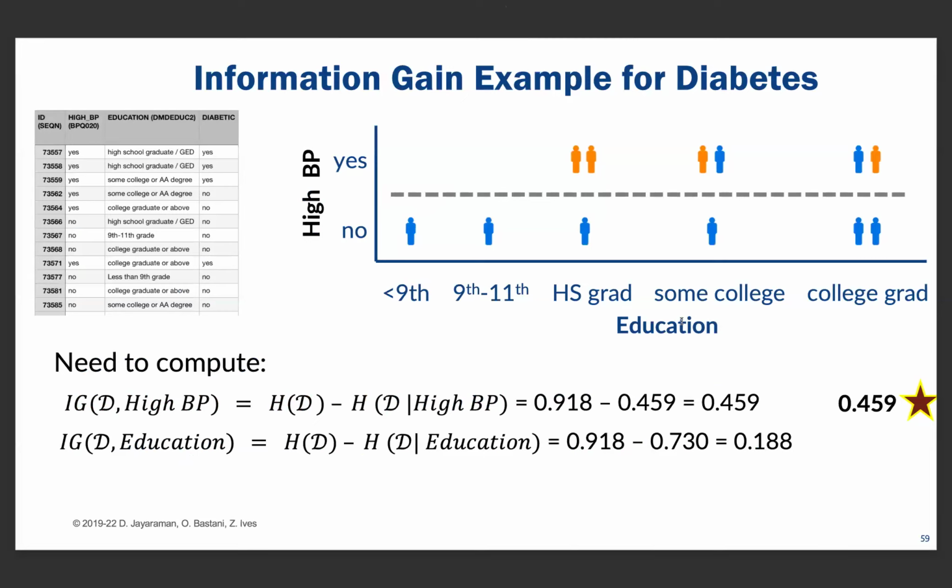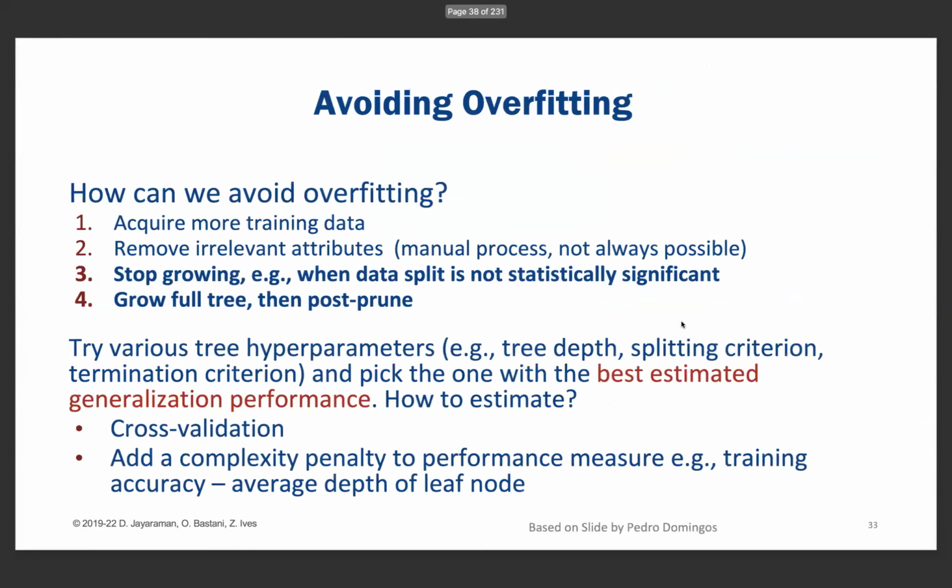But the next question is whether we need to do a next cut or not, because we also need to remember that if we do too many cuts, or if we describe the training set too well, we can get into the overfitting scenario. Can we avoid overfitting in some way? Of course we need more training data, we need to remove irrelevant attributes, we need to stop growing. We don't build the trees until we're done.